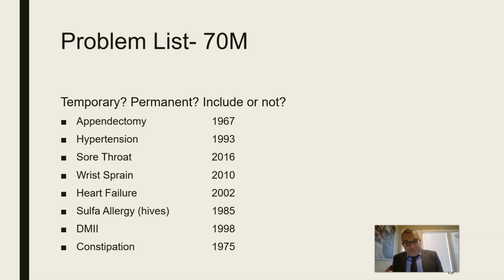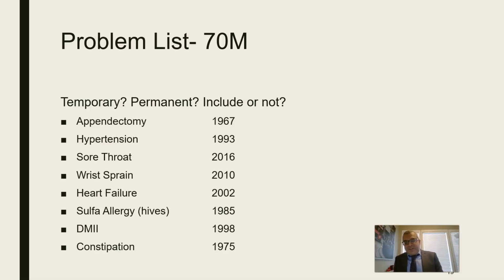Sulfa allergy, hives. It happened to the patient in 1985, but it's something that must be included. Since it's a long time ago, maybe you need to do an allergy assessment to check whether the patient is actually still allergic to it or not. DM2, type 2 diabetes, it's permanent, you need to include it.